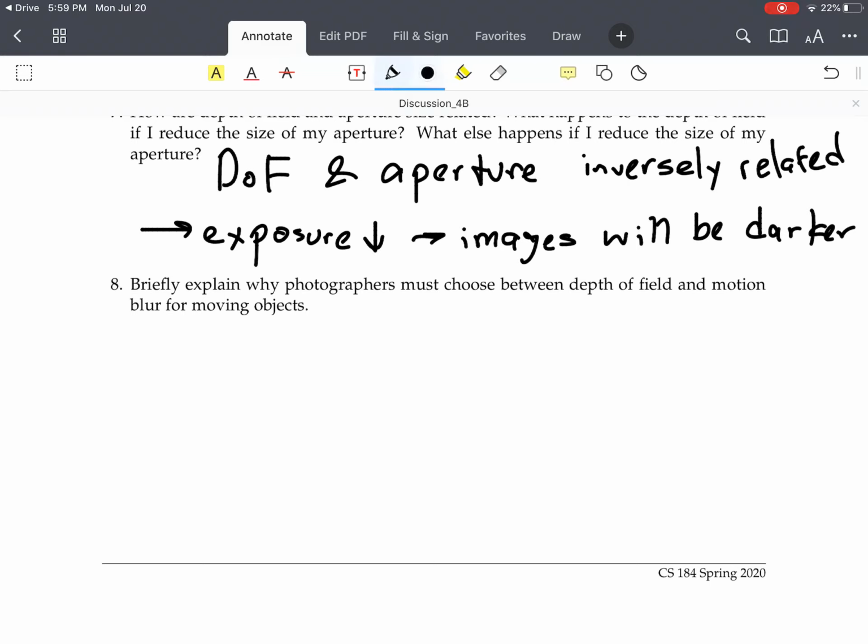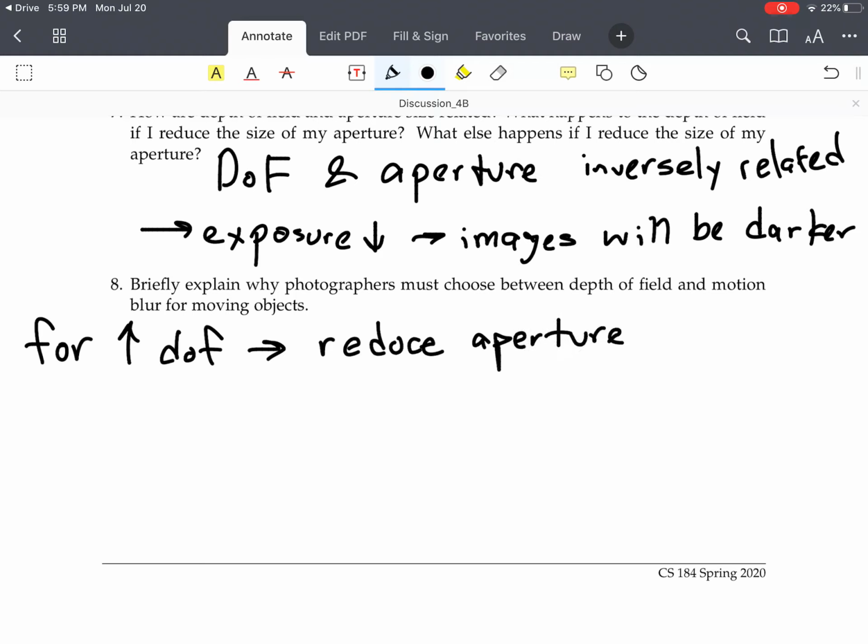If we want a better depth of field, right, what did we just talk about right up here? They're inversely related, right? So we could reduce aperture, right? Okay, cool. So we reduce the aperture, we get a bigger depth of field.